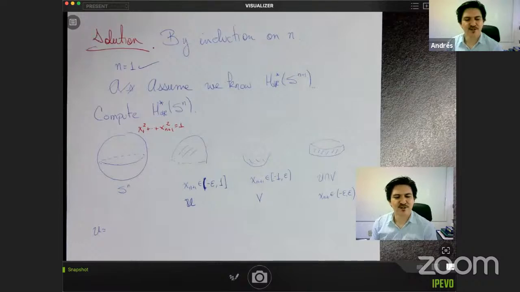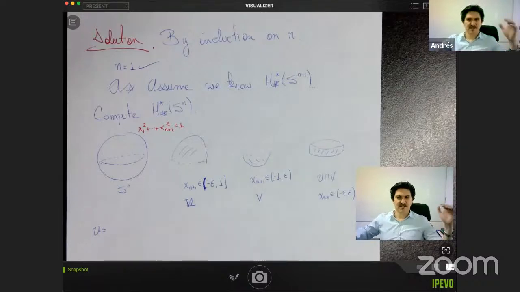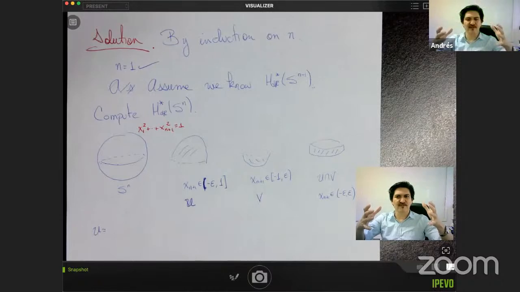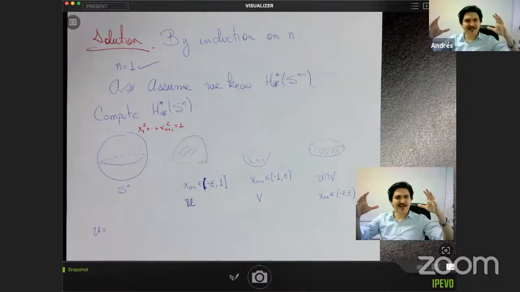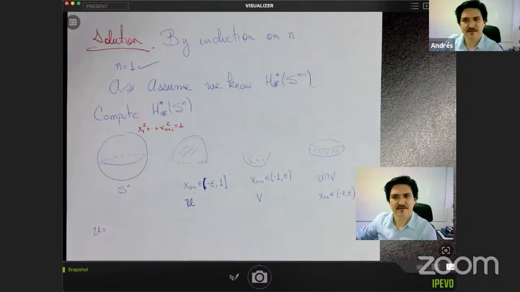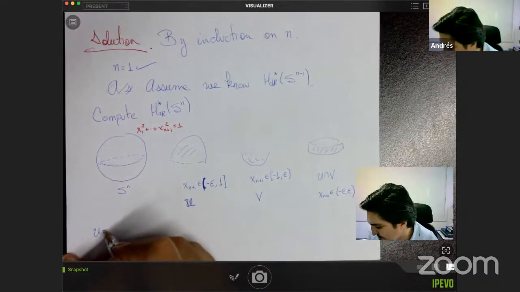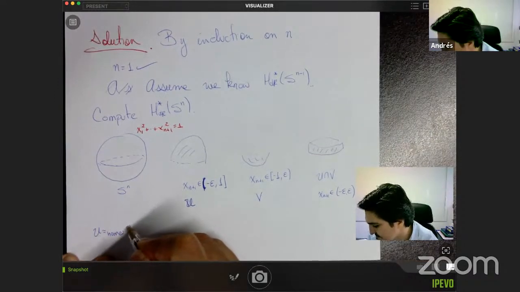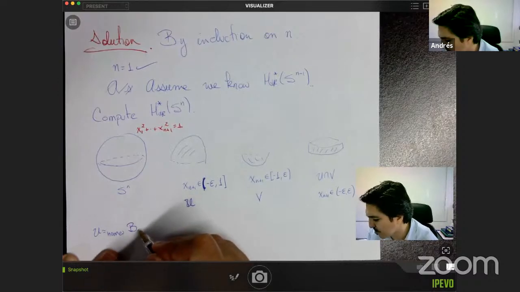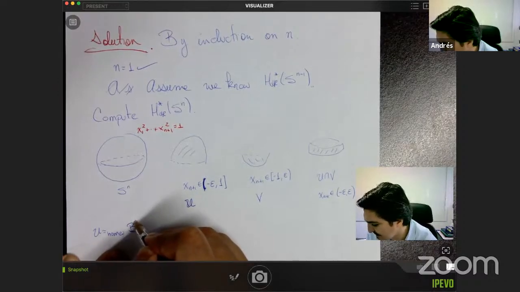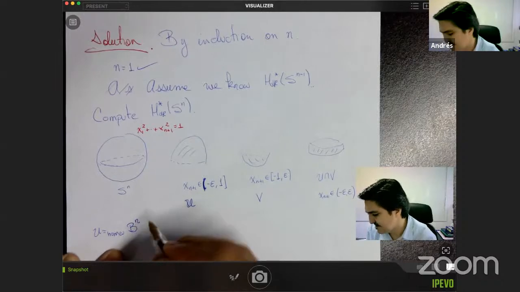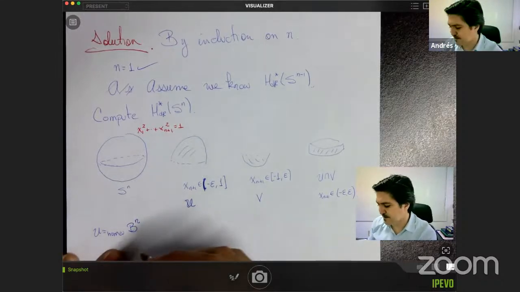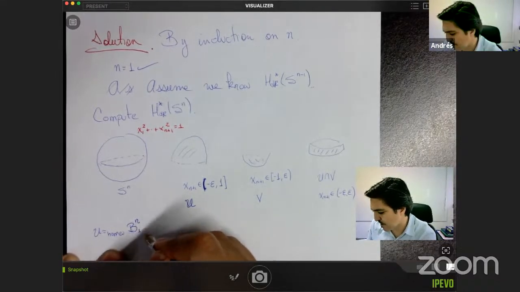So U will be homeomorphic to an open ball, an n-dimensional open ball. The radius is not important, some radius 1 if you want.